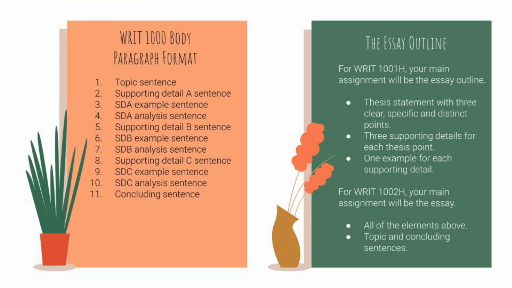We will give you a few examples later on in this course. That's why it's an outline. The whole point is to plan your work, okay? For WRIT 1002, your main assignment will be the actual essay. You will have all of the elements above, plus you will have topic and concluding sentences and analysis sentences. You will also have your introduction and your conclusion too.